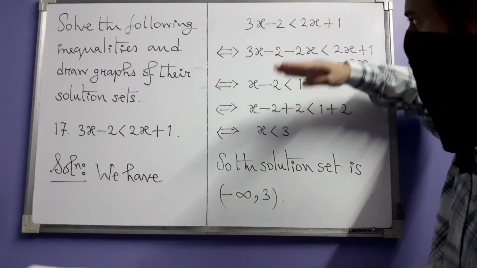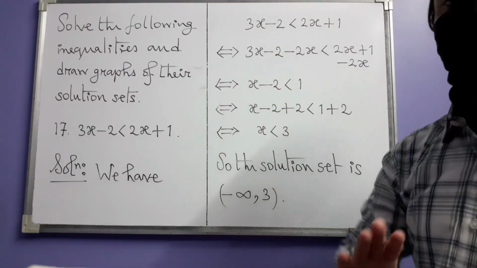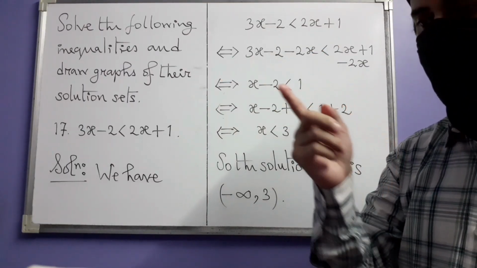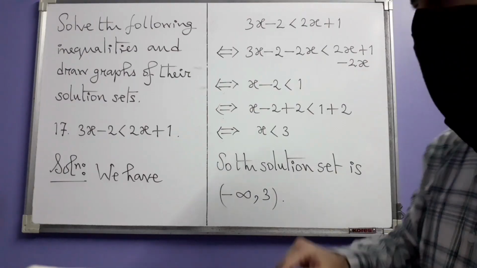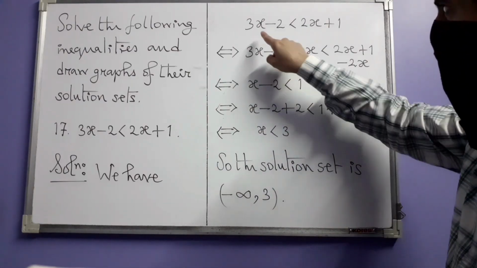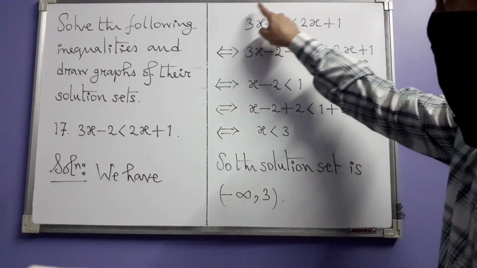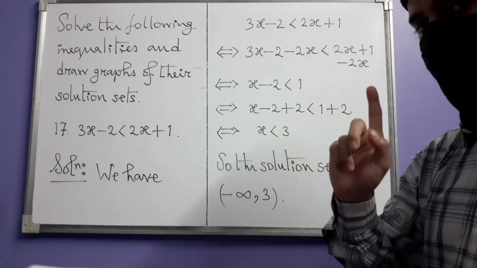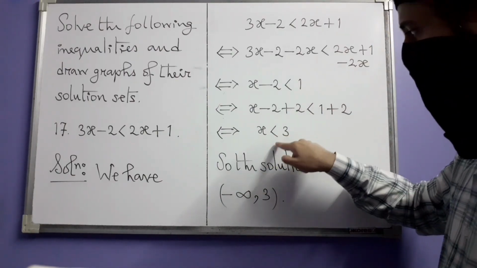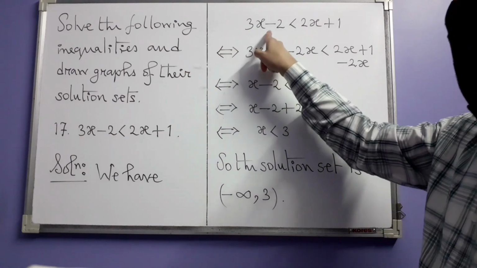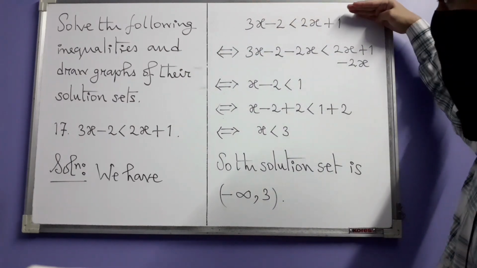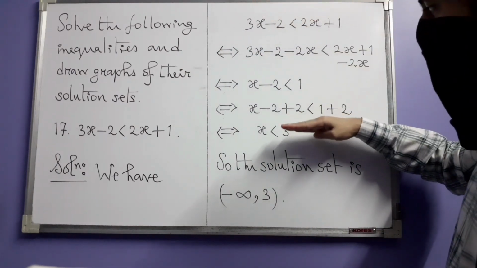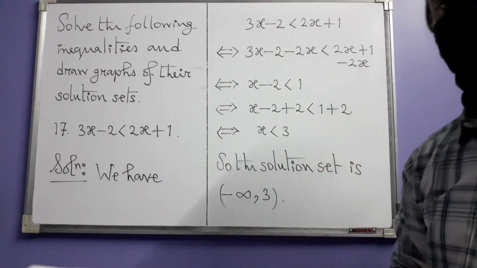All these statements are equivalent to one another. If any one of them is true, then all the others are also true. That is why if x is a real number satisfying this inequality, then x is less than 3, and also conversely, if x is less than 3, then this is true. That means if this is true, then this is true, and if this is true, then this is also true.